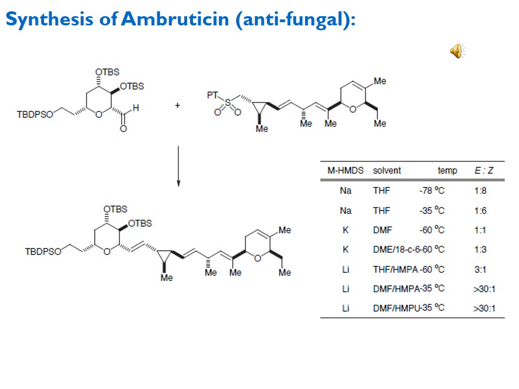Here you can compare the reaction of this drug through the yield using different bases, different solvents, and different temperatures. The drug is the antifungal Ambruticin, and here you can see the aldehyde group is treated with a sulfone, and we get the alkene product. Here you can see the metals used: sodium, potassium, lithium, and the solvents are tetrahydrofuran, DMF, DME, and also mixtures like DME and crown ether, THF and HMPA, and DMF and HMPA.